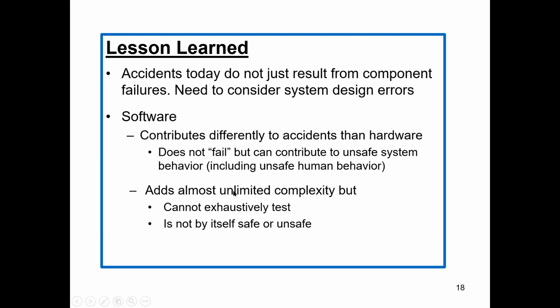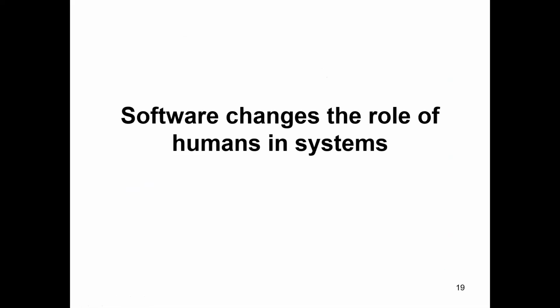It adds almost unlimited complexity, but we can't exhaustively test systems with software in them. And as I said, software itself is not safe or unsafe. So safety can only be considered within the specific context in which it's being used.